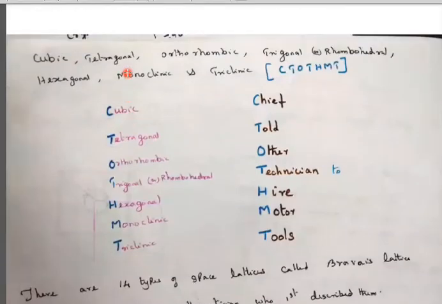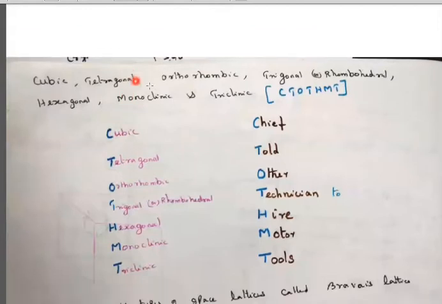So I have already given a flow chart to you, and let us see the flow chart of all the 7 crystal systems. They are cubic, tetragonal, orthorhombic, trigonal or rhombohedral, hexagonal, monoclinic, and triclinic.